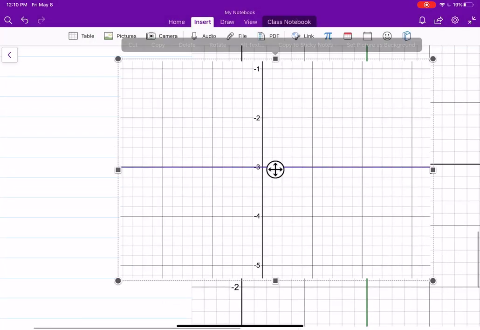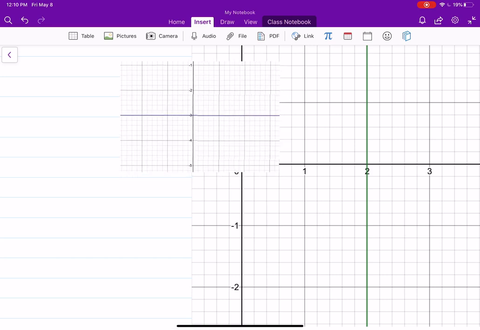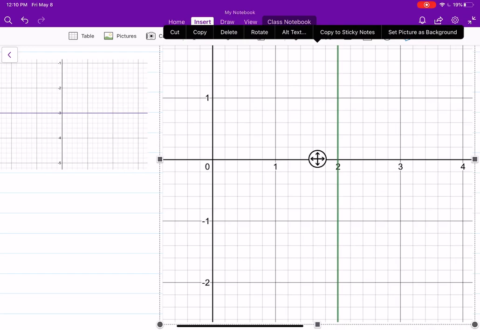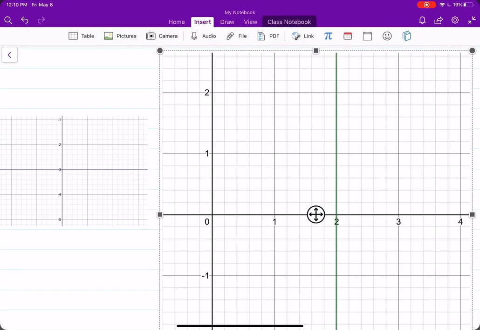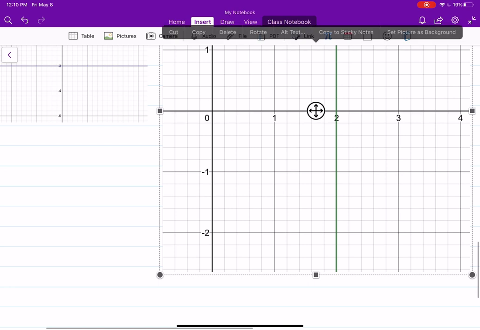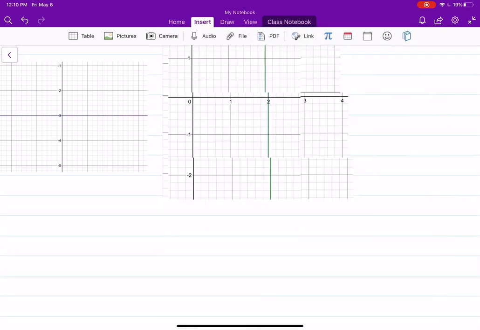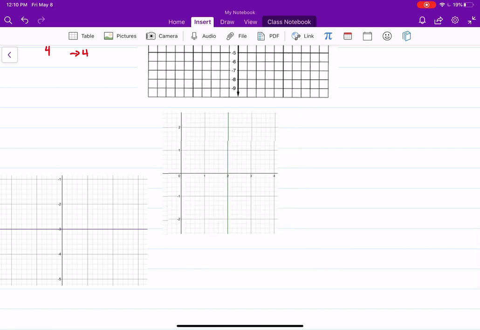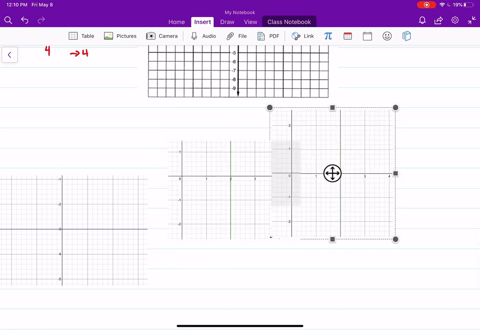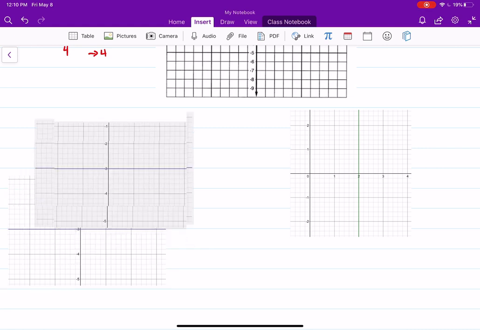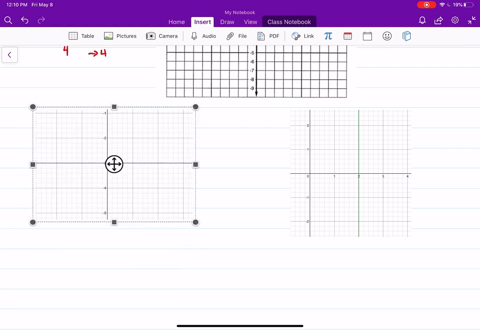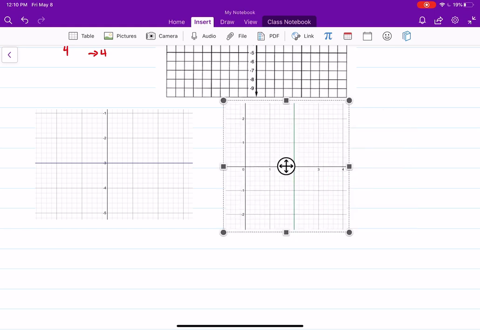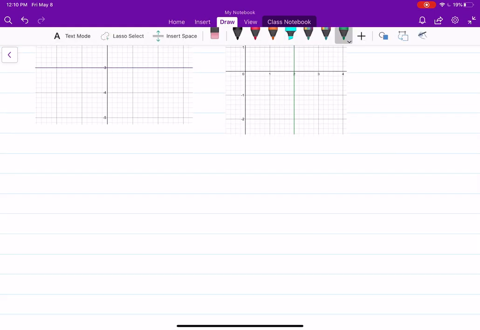So I need to shrink these a little bit. So let's shrink this, move this over here. So I hope you can see these 2 lines here. I will make it look a little better here. Okay, so let's see.